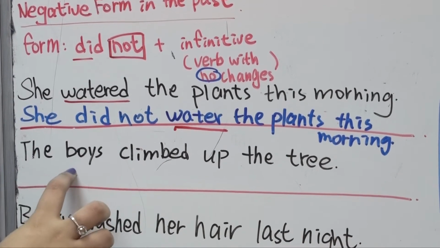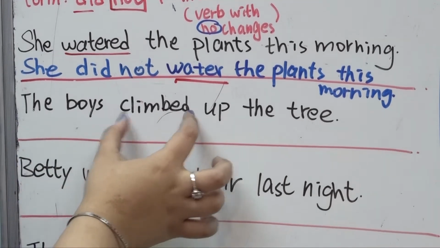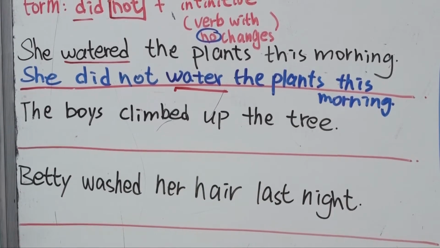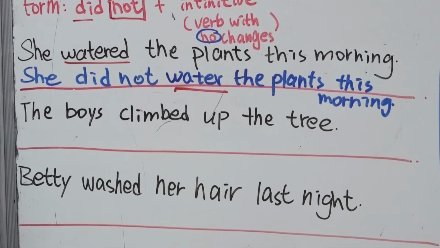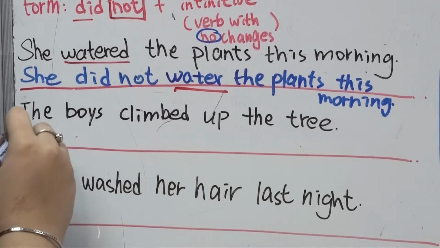The boys, let's read together. The boys climbed up the tree. The boys climbed up the tree. Which one is the subject here? 1, 2, 3. That should be the boys, right? So you write the subject first. The boys.